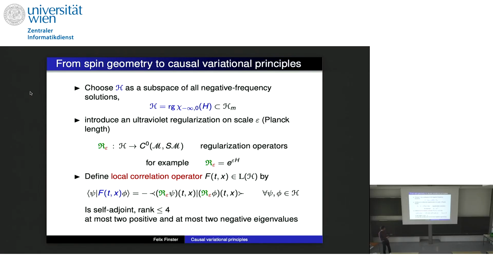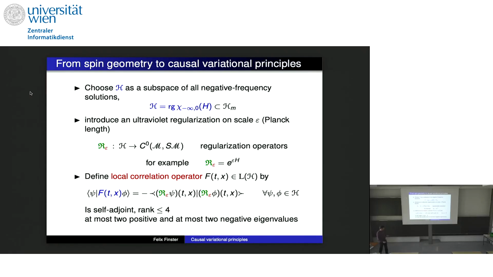So in this way, we get a sesquilinear form on our Hilbert space at this given space-time point. And now we represent this sesquilinear form using the Riesz representation theorem by an operator on the Hilbert space. So we use this capital F here as a kind of signature operator to represent this spin inner product, which is used here in terms of the scalar product.